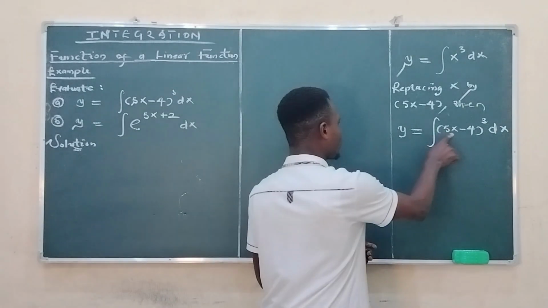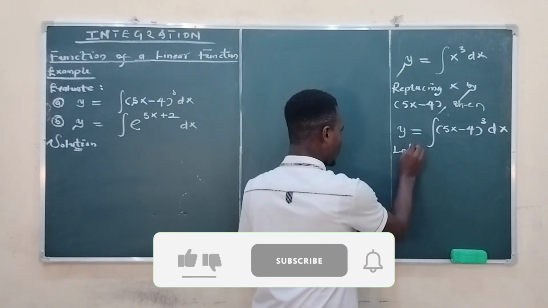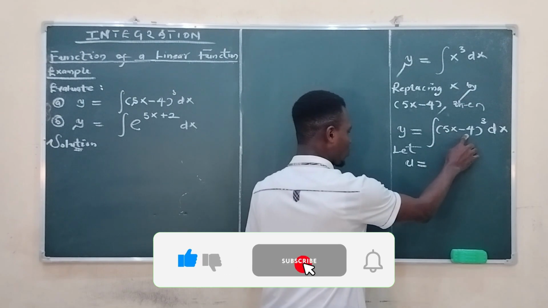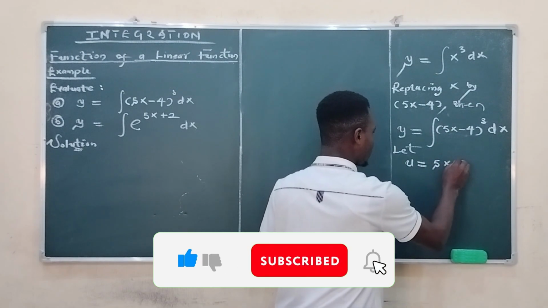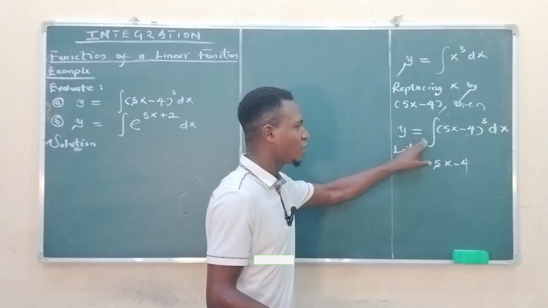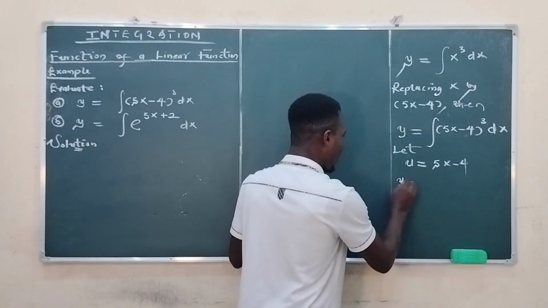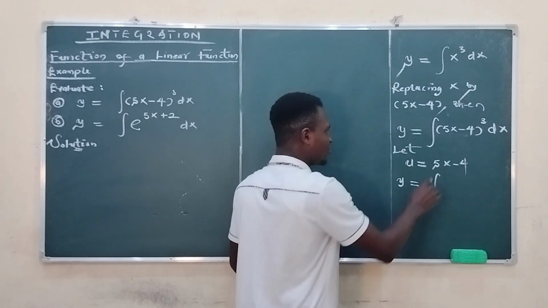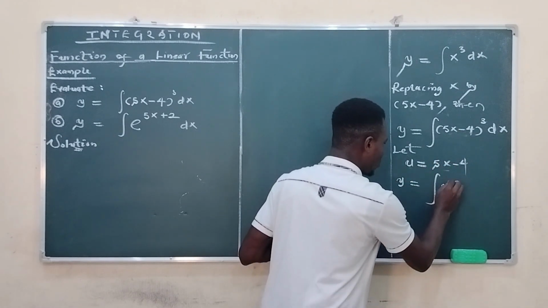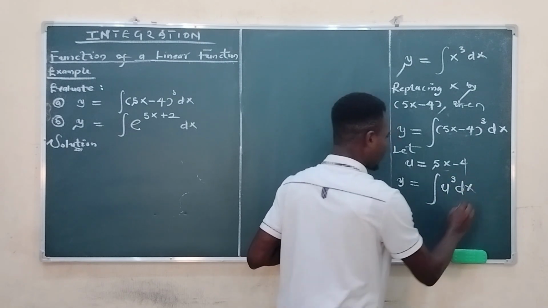Let u be equal to the linear function 5x minus 4. Then what happens to the original integral? The original integral becomes y equal to the integral of 5x minus 4, now replaced by u, so we have u raised to the power of 3 with respect to x.